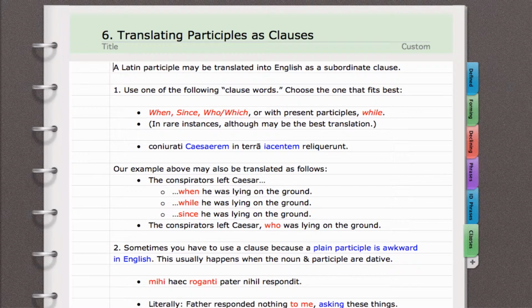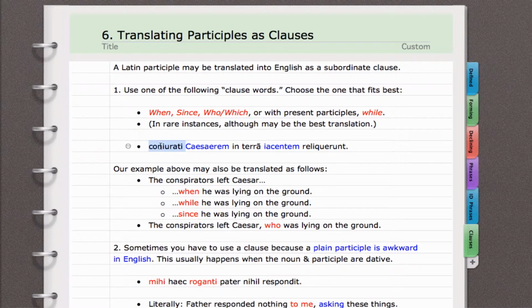Translating participles as clauses. A Latin participle may be translated into English as a subordinate clause, and sometimes it's an advantage to do this. You would use one of the clause words or subordinating conjunctions listed here, and you choose the one that fits best. So: when, since, who or which, and with present participles, while. Sometimes although can be used, but not so much in beginning Latin.